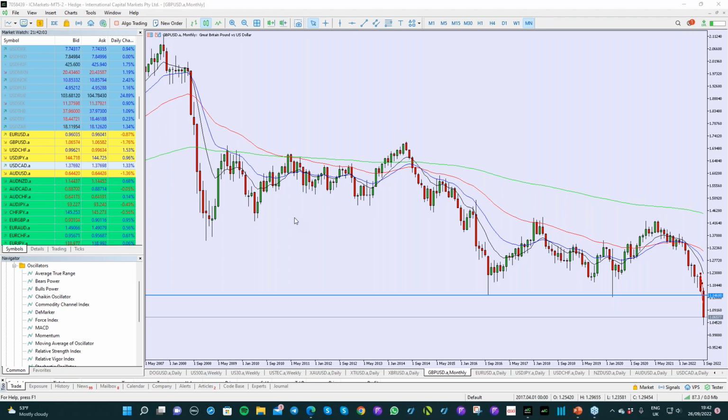Yulina asking, what was the reason that the pound fell down so steeply? It's a really good question. And being in the UK, I can tell you a couple of fundamental things. I'm predominantly a technical trader, but there are times where it's appropriate to keep an eye on fundamentals as well.